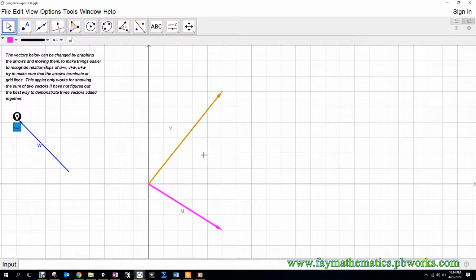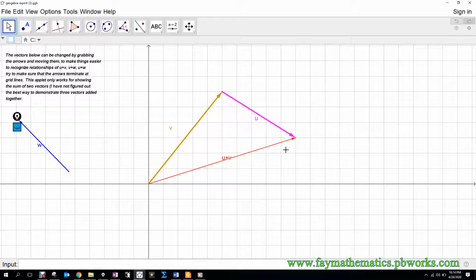It doesn't matter which one I do this with, but I'm going to move one of these so that the tip of the other one is touching the tail of, in this case, the pink one. So I do that, tip to tail, the tip of this one to the tail of that one, and what happens is that we get this red vector to show up.